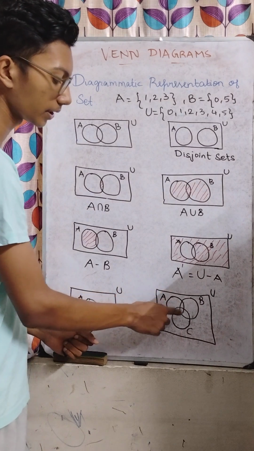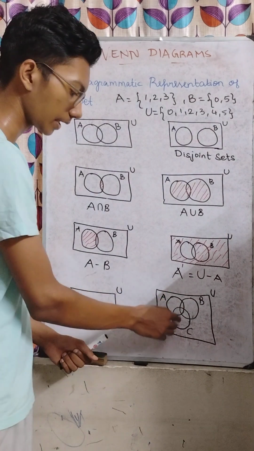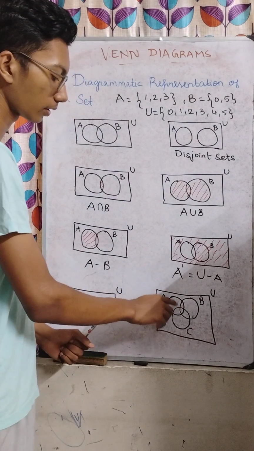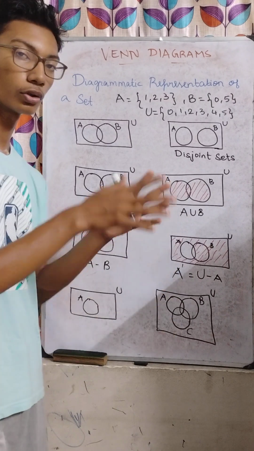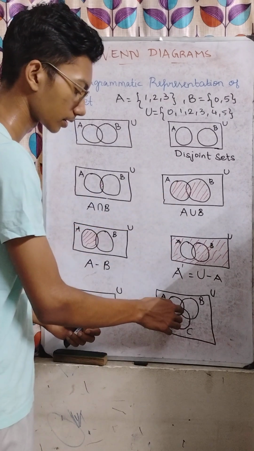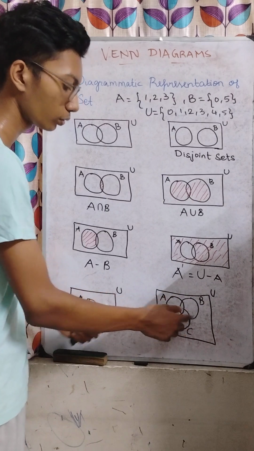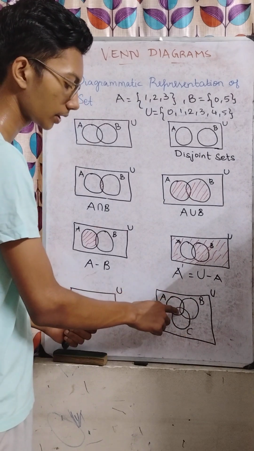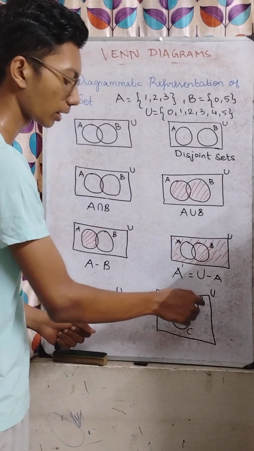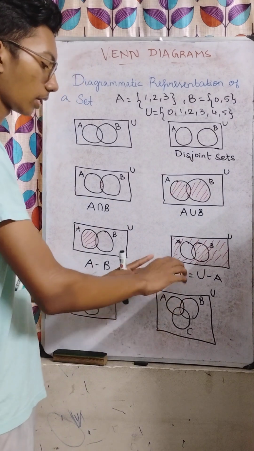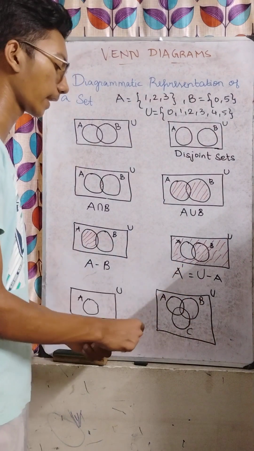And there is a region common to all of A, B and C, that is the middle region. And there is a region where B and C are common but not A, and another region common to A and C but not B. So this is the representation of a three-set Venn diagram.